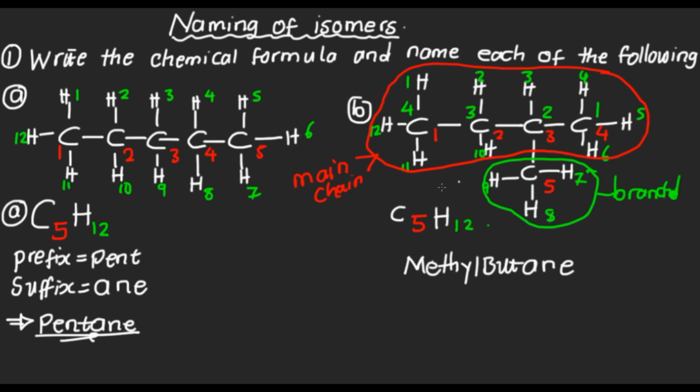So if I count from the left going to the right, the branching is on carbon number 3. Then if I count from the right going to the left, this branching is on carbon number 2. So the rule is if you are getting different numbers, you take the smallest number. So the smallest number is 2. So you need to put the 2. Now to separate a number from the letter, you put the hyphen.